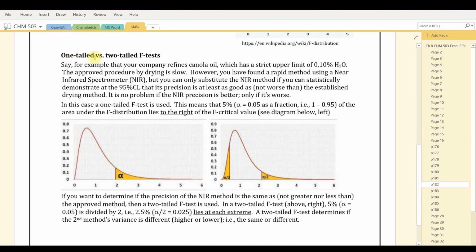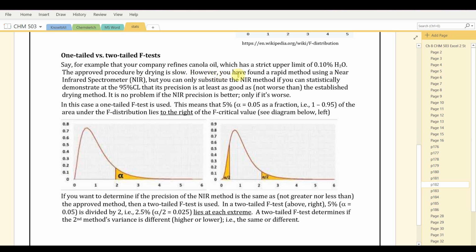And one-tailed versus two-tailed F-tests. So say, for example, your company refines canola oil, which has a strict upper limit of 0.1% water. Can't have water in the oil, would make it look turbid, people won't buy it. The approved procedure for measuring moisture or water is drying, and it's slow.